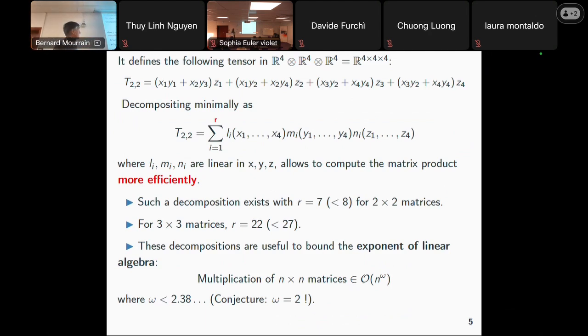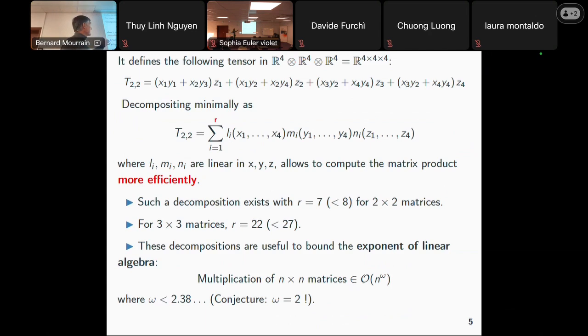So here we say for 2 by 2 matrices, but when you have n by n matrices, you can see them as blocks of 2 by 2. And if you save a multiplication for 2 by 2, then you'll be able to save for multiplication of matrices of size n by n. And so the complexity of multiplication of n by n matrices will not be what is classical, which is n cubed, n to the power 3.